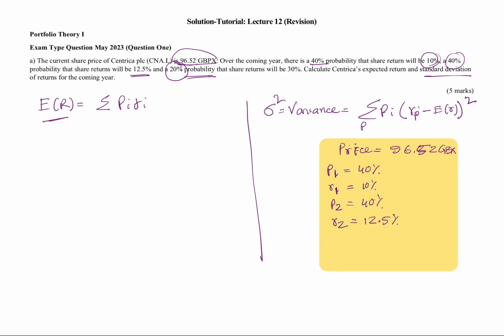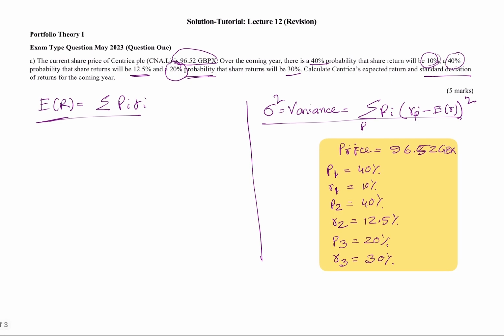And the rest 20% probability, P3 equals 20%, and if that particular state happens, the return will be 30%. So these are all the information that we have. We need to calculate the expected return and sigma square, or the standard deviation sigma.